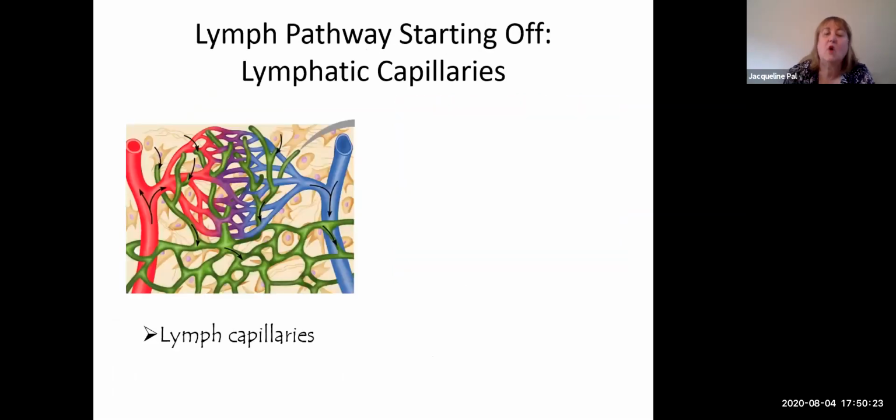All right, so let's start with the pathway. The pathway starts with lymphatic capillaries, which are tucked up among regular blood capillaries. Anytime we say the word capillary, we are referring to blood capillaries where gas exchange is going to happen, unless we say lymphatic capillaries. If we say lymphatic capillaries, that means we're not talking about gas exchange.